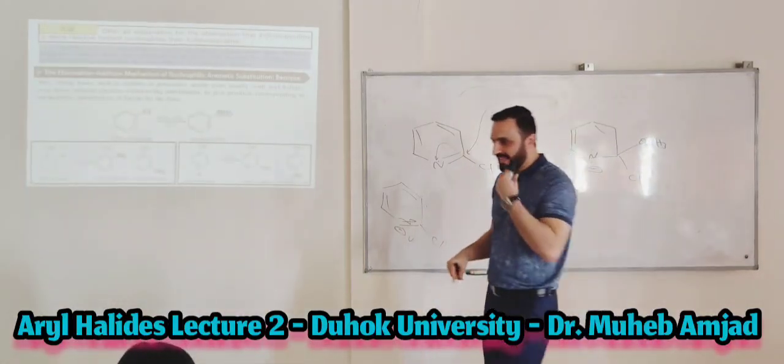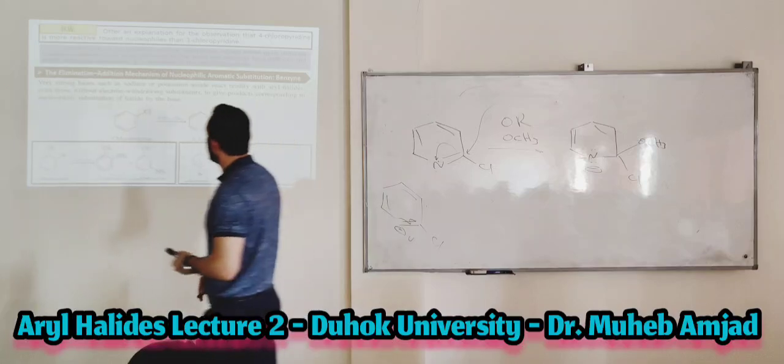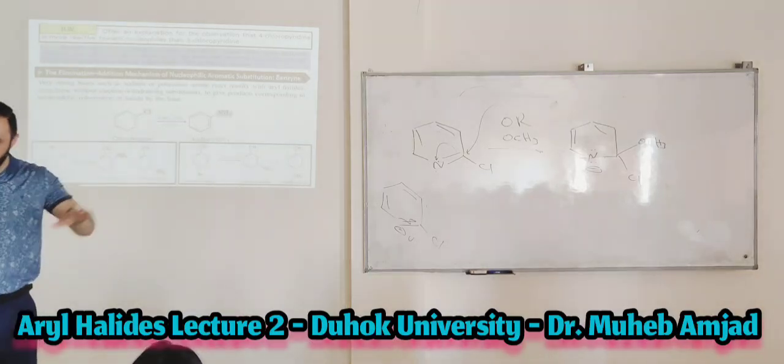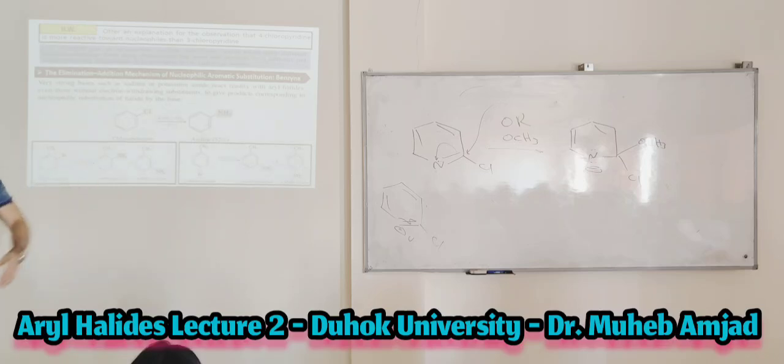The idea here is that the intermediate has the negative charge directly on the nitrogen atom, not like this other compound, where there is no negative charge on the nitrogen atom in the resonance structures of the intermediate. Here, yes, we have negative charge on the nitrogen atom in the intermediate, which increases the stability.